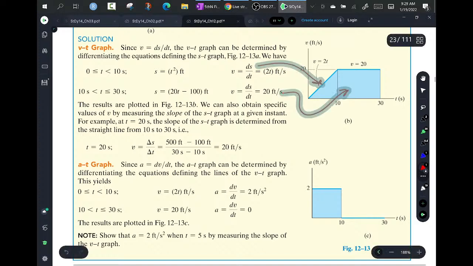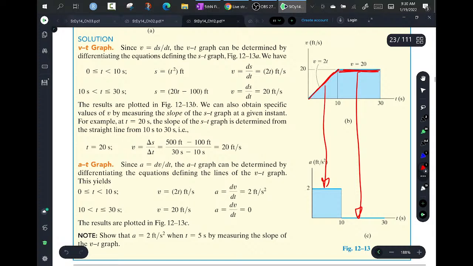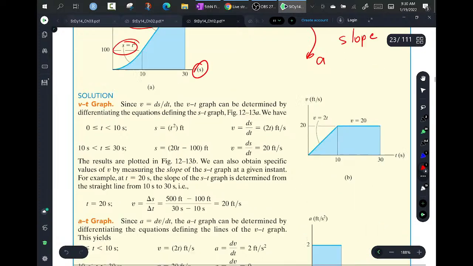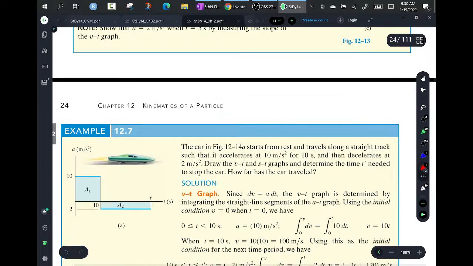If you look at it, the slope remains constant from here to here, and it also remains constant from here to here. So look at the slope of that line. It just becomes 2. The slope of that line becomes 0. When I close this, it'll erase those.